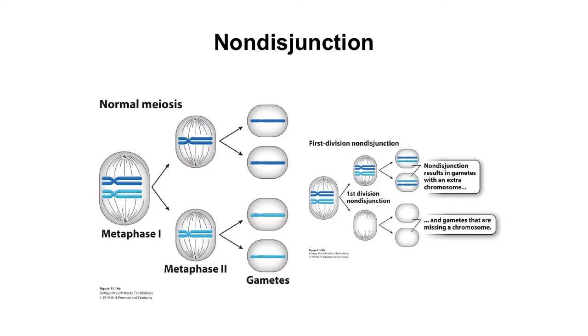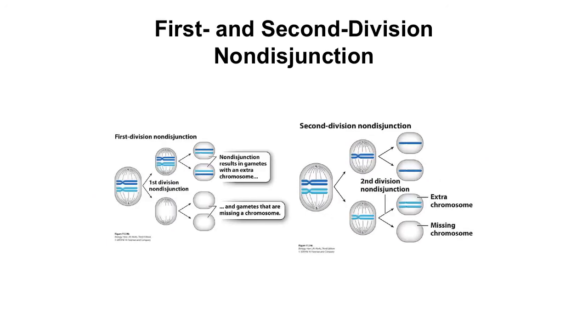This would result in gametes that either have an extra copy of the chromosome or no copy of the chromosome. Non-disjunction that takes place in the first division of meiosis is more common than non-disjunction in the second division. So let's have a closer look at the first and second division.